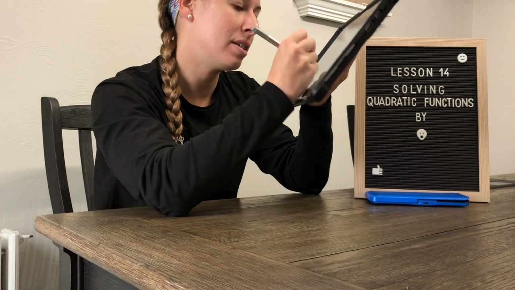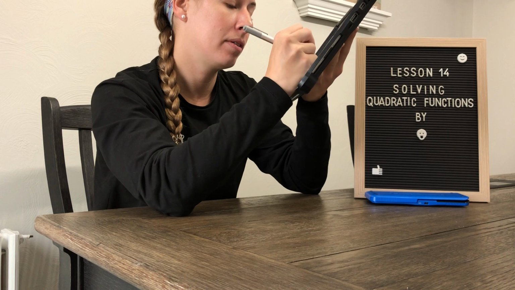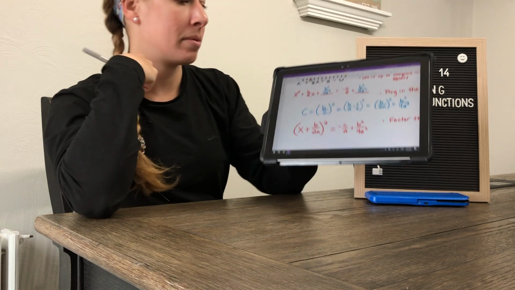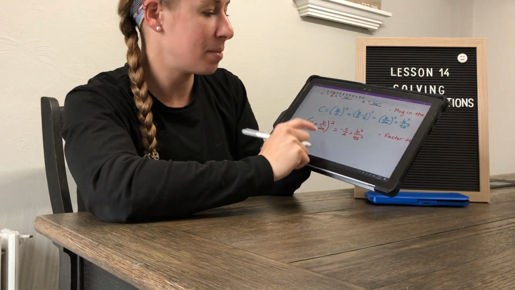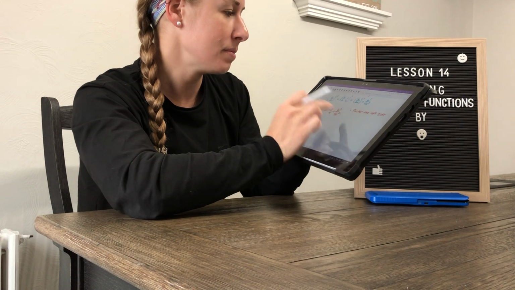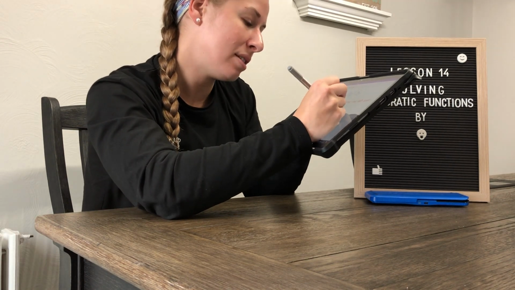I'm going to rewrite the right side for right now. Okay, next our step is going to be, I should probably change my colors up. Simplify the right side.